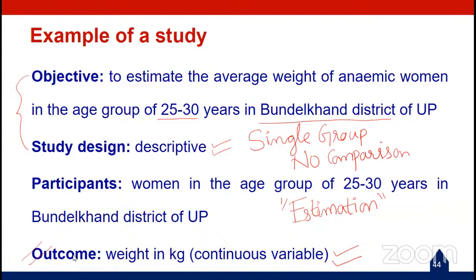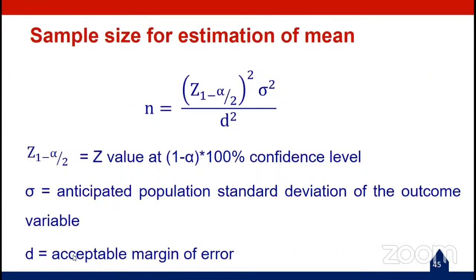However, we may make some modifications to the computed sample size based on the design. So that I will tell you. So the sample size is as follows. So this is the Z value at some percentage level of confidence. Okay. Z value at 1 minus alpha into 100% confidence level. Okay.